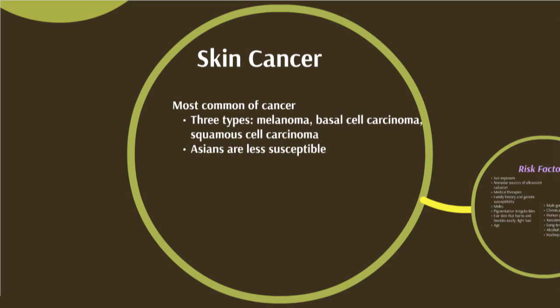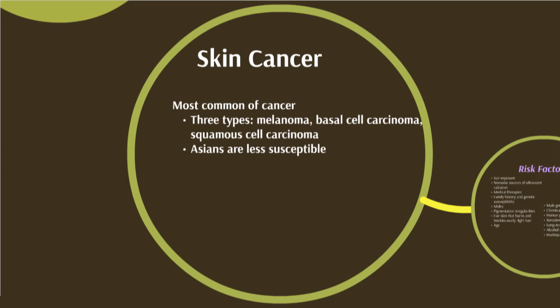You can have precancerous lesions, which are abnormal changes in the keratinocytes and can become squamous cell. Basal cell carcinoma is the most common skin cancer and usually spreads only locally.